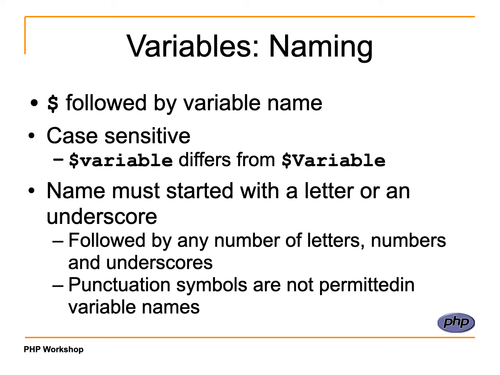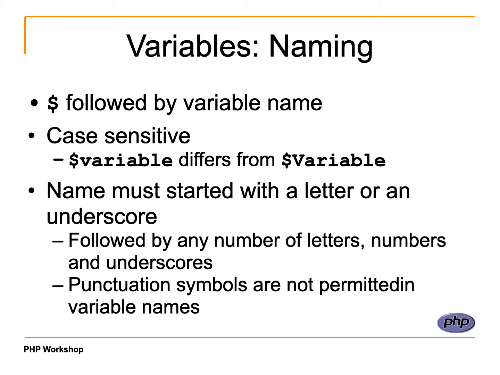So both are different variable names, identifiers. Here variable names are case sensitive. The name must start with a letter or an underscore, followed by any number of letters, numbers, and underscores. Punctuation symbols are not permitted in variable names.